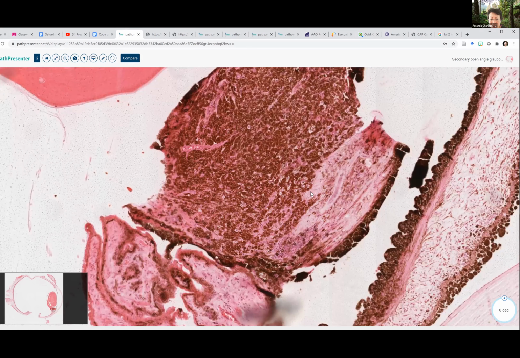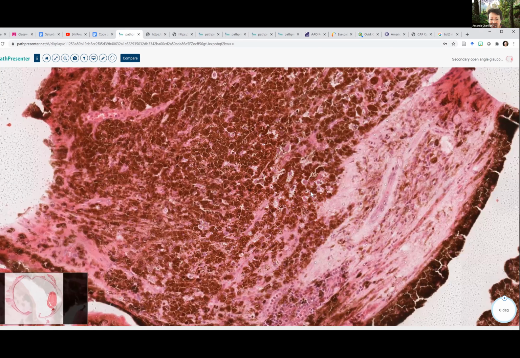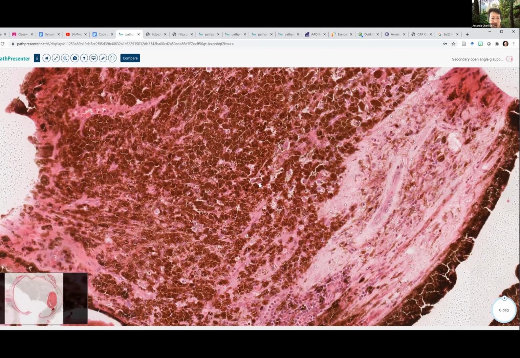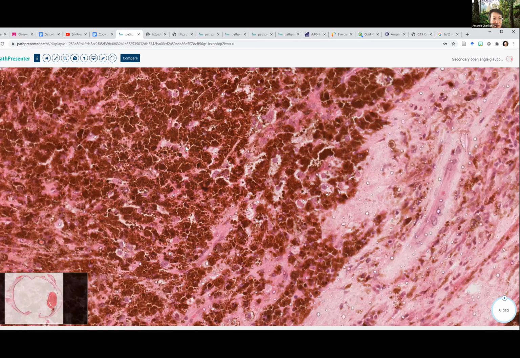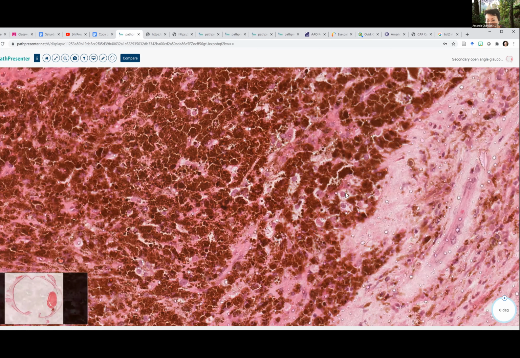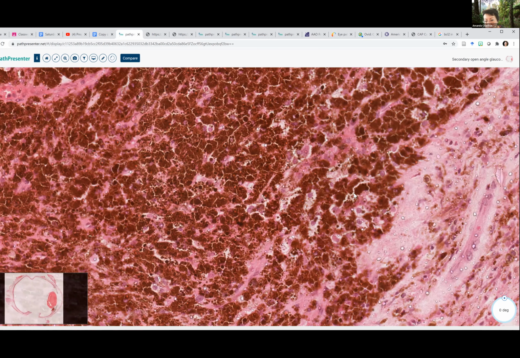Now, probably these cells are a combination of cells that are making the melanin, melanocytes, and cells that have gobbled it up, melanophages. Often melanophages are the really dark ones. So I'm going to look at some of the lighter colored ones where I can actually see some nuclei. It's a bit difficult actually.